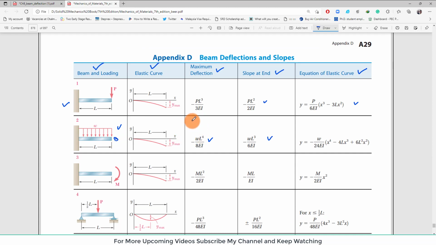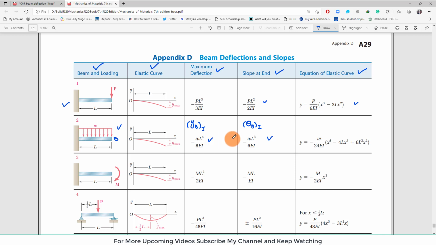So the maximum deflection, or deflection at point B, for loading 1 will be the same as this, which is minus WL^4 over 8EI, and the slope at the end, which is at point B, for loading 1 is again this value, which is minus WL^3 over 6EI.